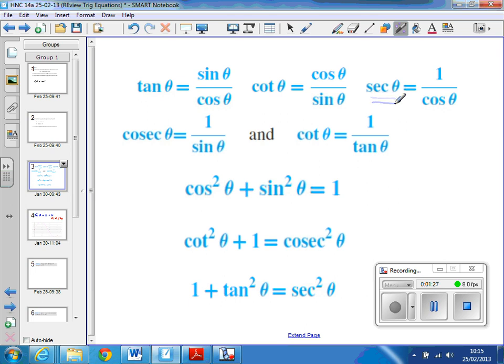It means the angle whose cosine is. So we need something else to represent the reciprocal, which is secant in this case. And then we came up with a few identities that you can arrive at from those and from Pythagoras. So that's those.